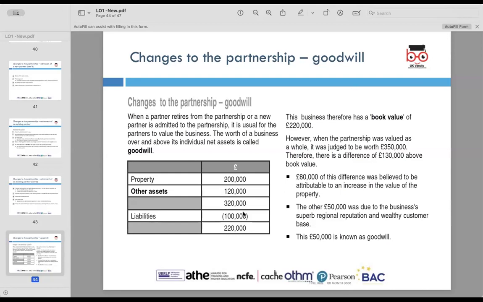This 130,000 pound difference is attributed to goodwill, with 80,000 pounds linked to an increased property value and 50,000 pounds to the business's reputation and customer base. Goodwill is important in determining the fair value of a partnership, especially during changes such as retirement or a new admission. It represents the premium a buyer would pay for the business due to its established customer relationships and reputation.